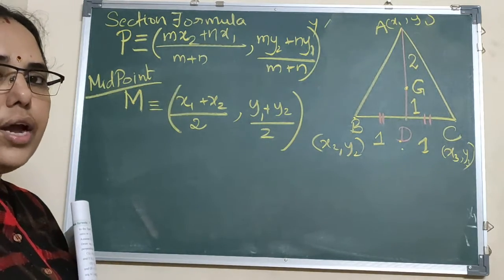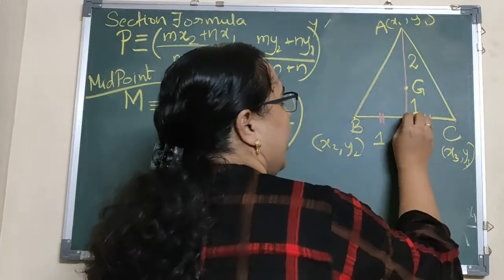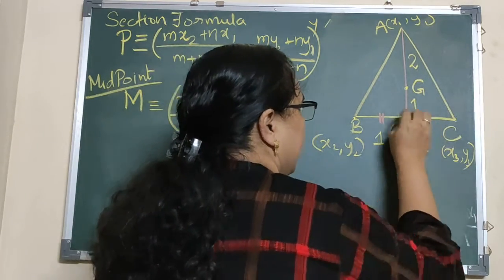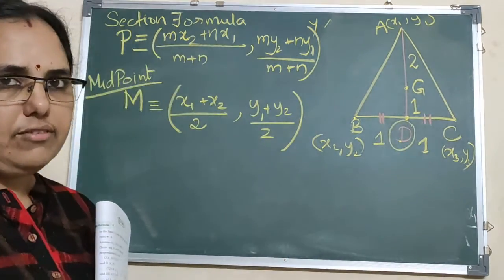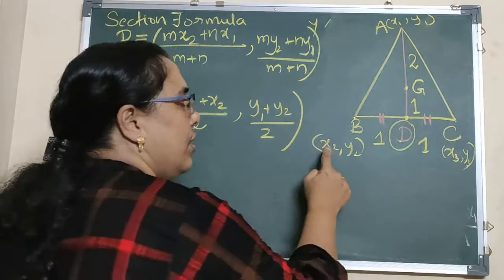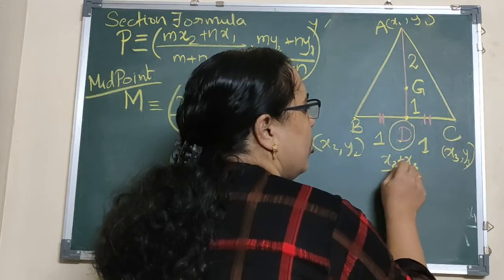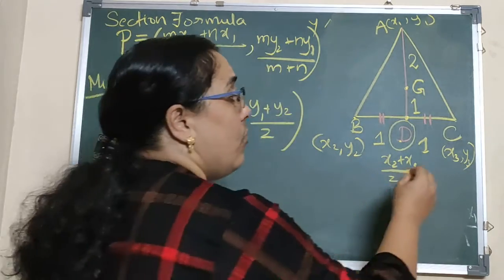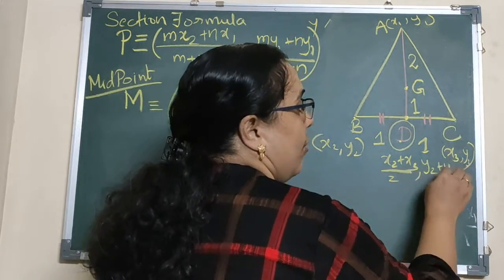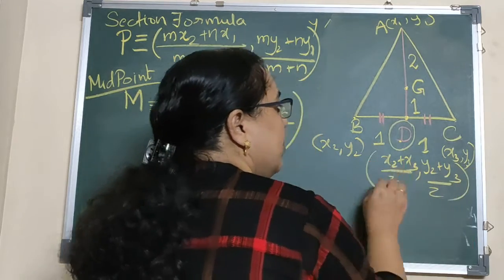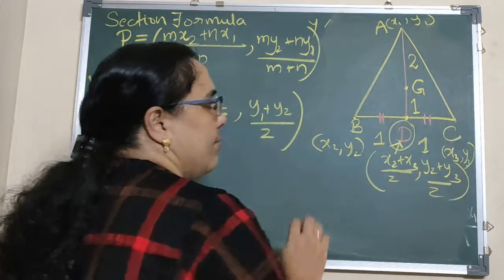Let us have a look. We first have to find the coordinate of D. Possible? Yes, because it is a midpoint: x2 plus x3 upon 2 and y2 plus y3 upon 2. This is the coordinate of point D.